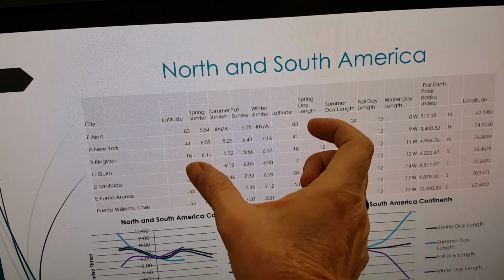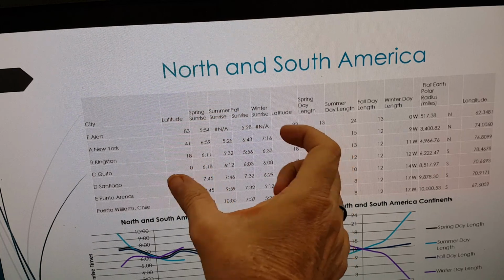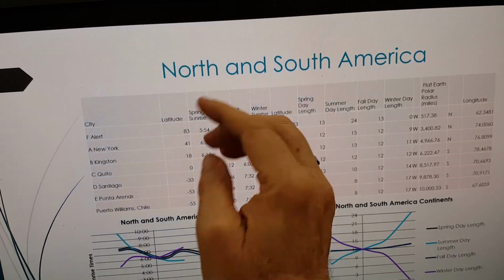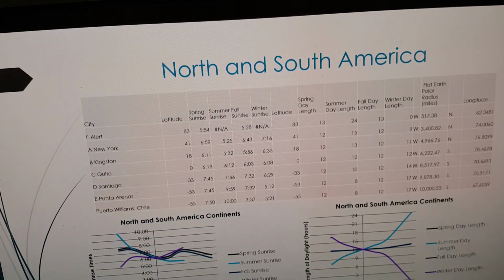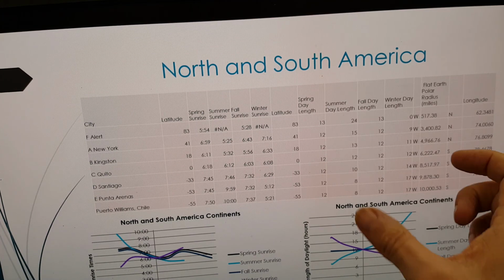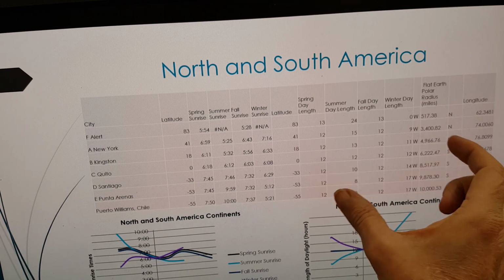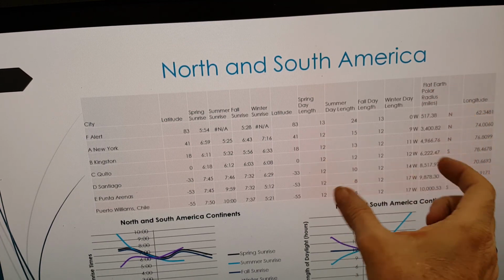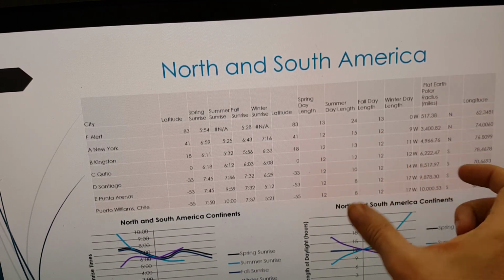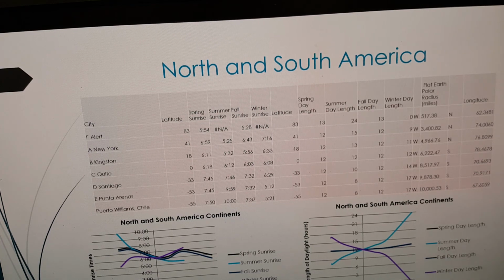The first set of data here was for sunrise at the different equinox and solstices. The second set of data over here was the length of the day at the equinox and solstices. And then I really didn't use the rest of this data.